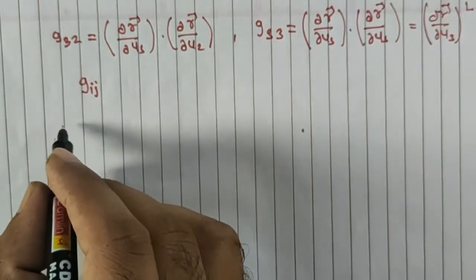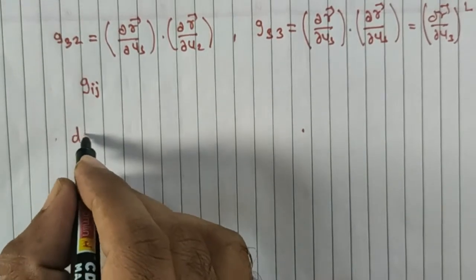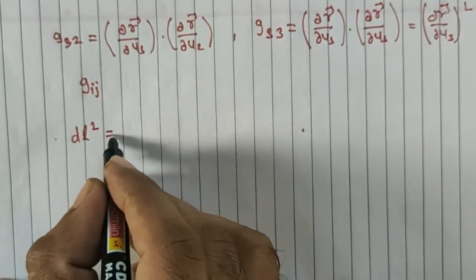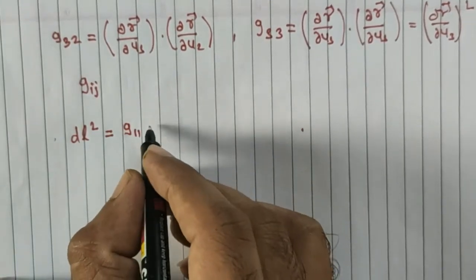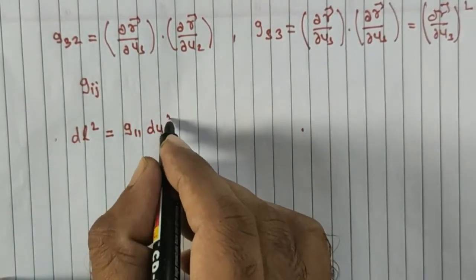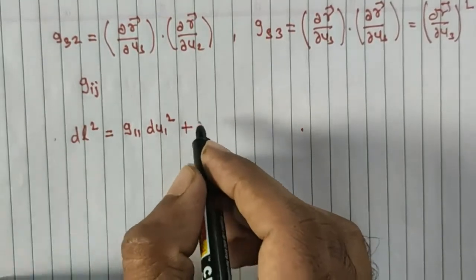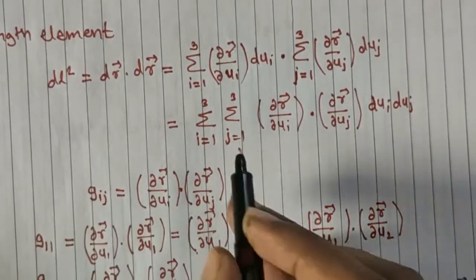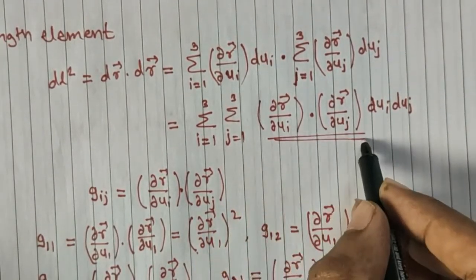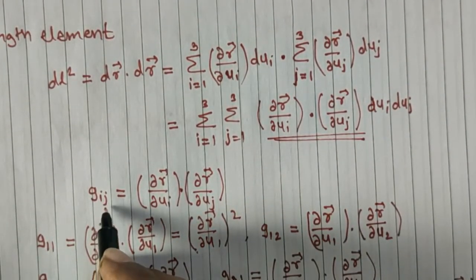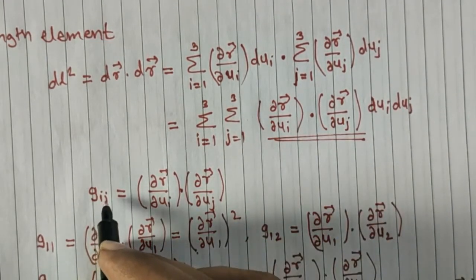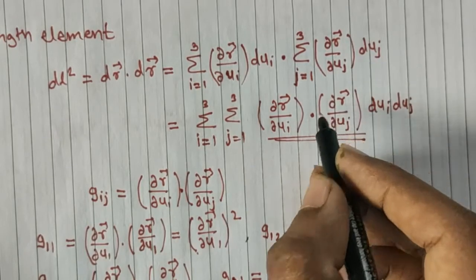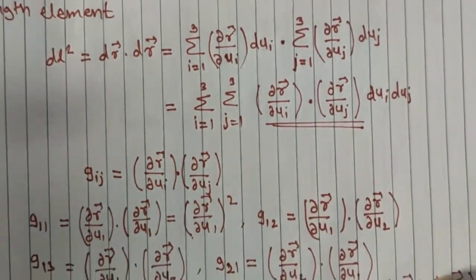So I can write length element as dl square is equal to g11 du1 square plus, so again we will go to the last page and we will see what we did. We defined this term as gij, okay, and now I am expanding this summation using this gij. Rather than writing this, I am going to write gij.